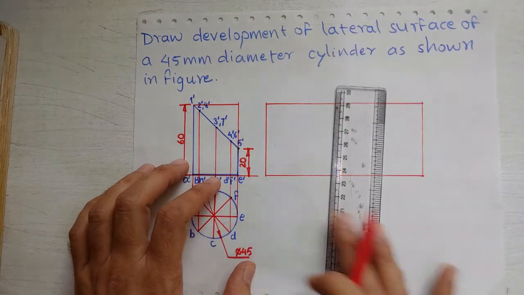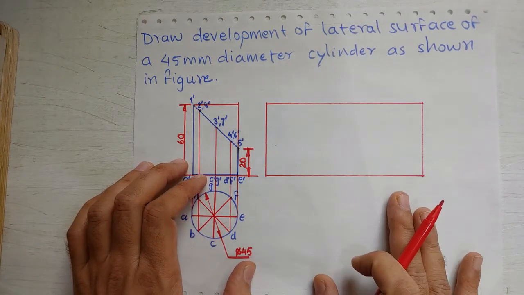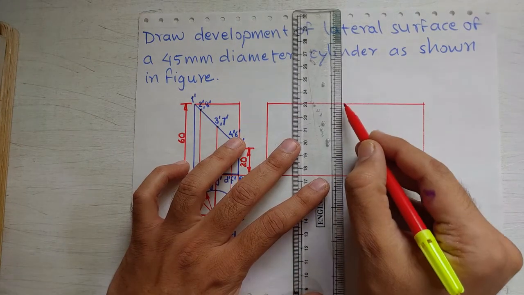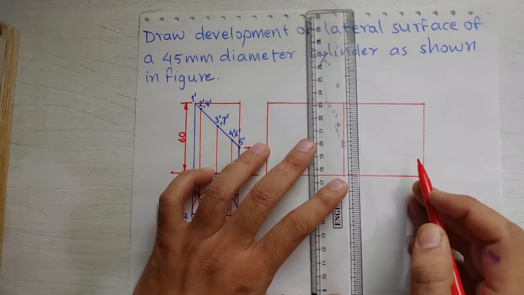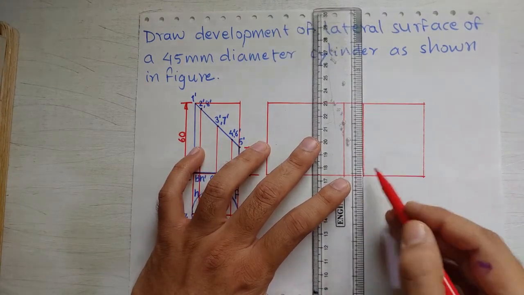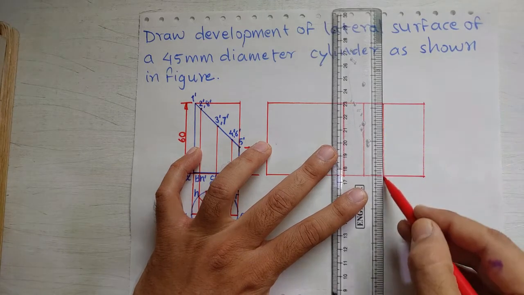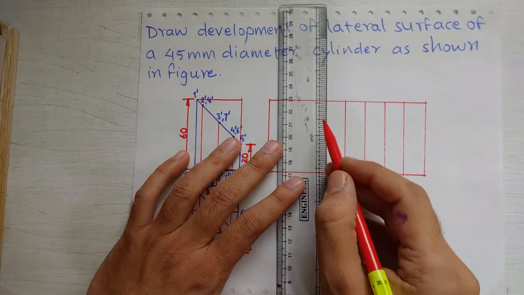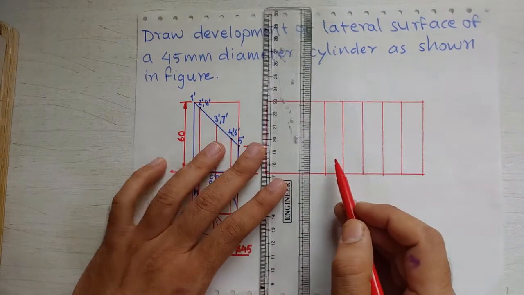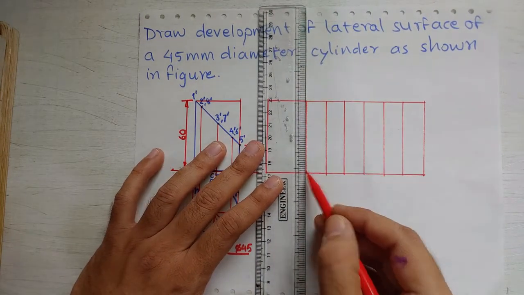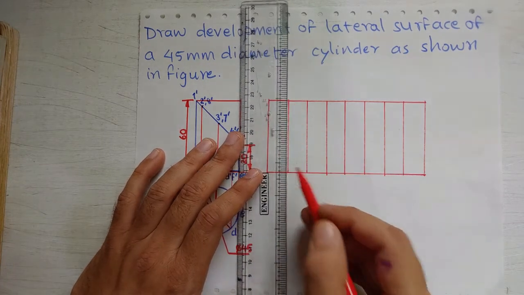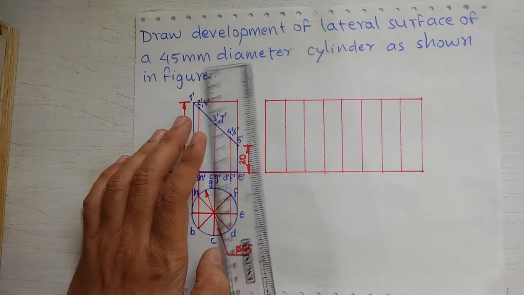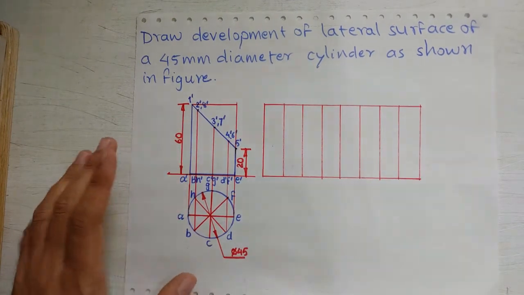Now I have to divide this into 8 parts so that I can have generators. When you draw it with dimensions, you have to divide this length into 8 parts using the inclined line method.